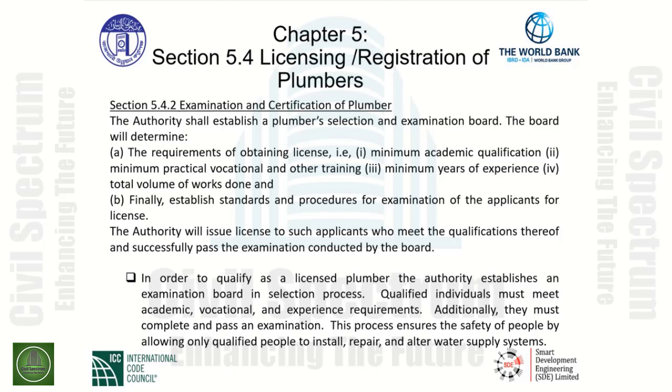The board will determine A, the requirements of obtaining a license, minimum academic qualification, as an example, minimum practical, vocational, or other training needs to be considered, minimum years of experience, as well as total volume of work done. And B, finally, establish standards and procedures for examination of applicants for license.